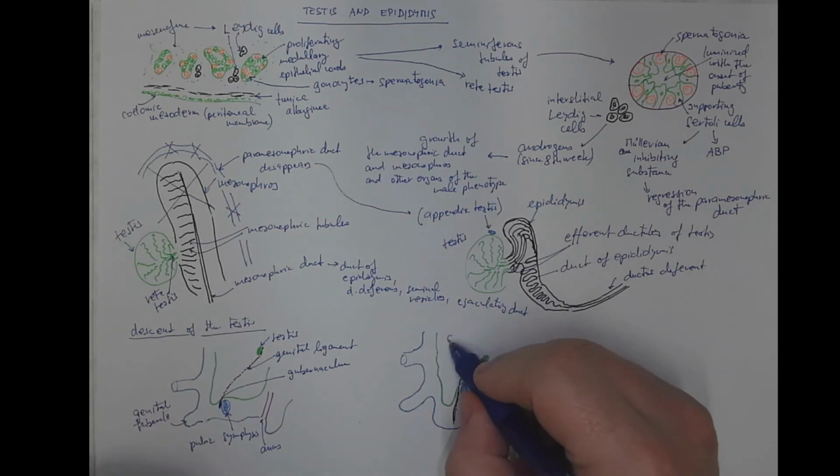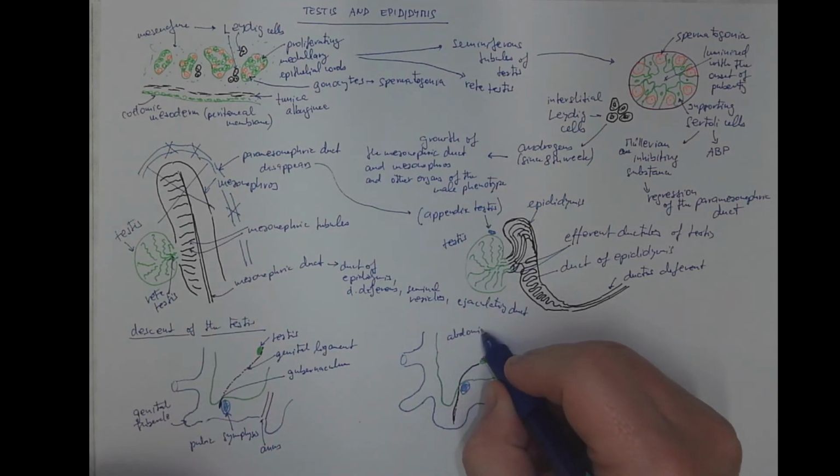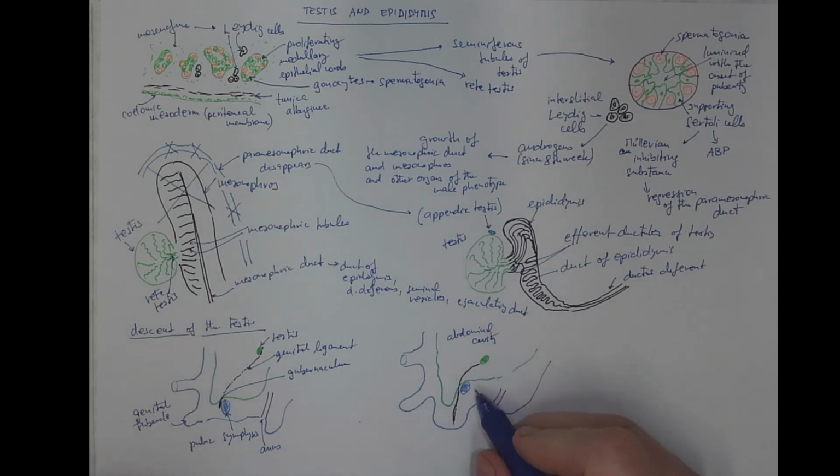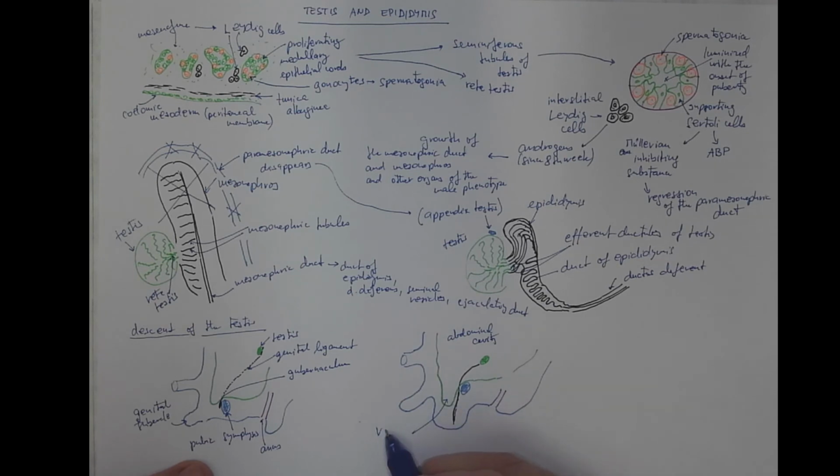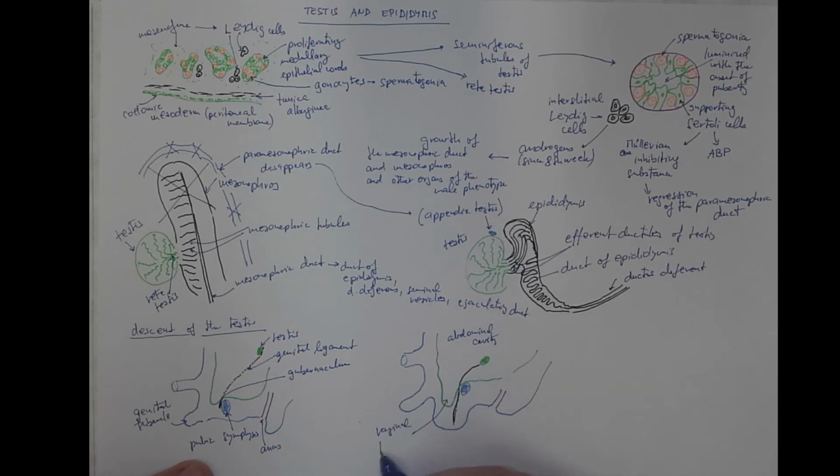So if this is abdominal cavity, this will be the vaginal process of the abdominal cavity. This is the scrotal swellings.